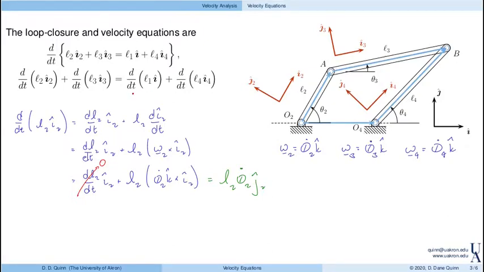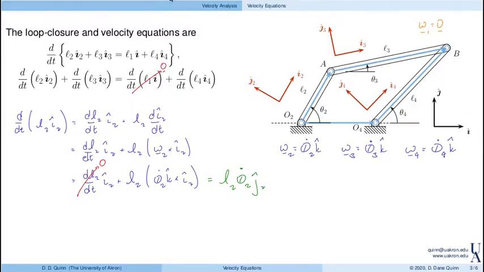Again, remembering that this term is equal to 0 because L1 is constant and I is constant. Essentially, here you could go through and say omega 1 is equal to 0 if you want to be consistent with the way that we've done everything else, because I is not spinning, right? So its angular velocity is 0.